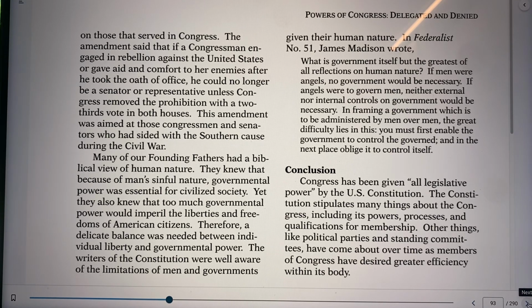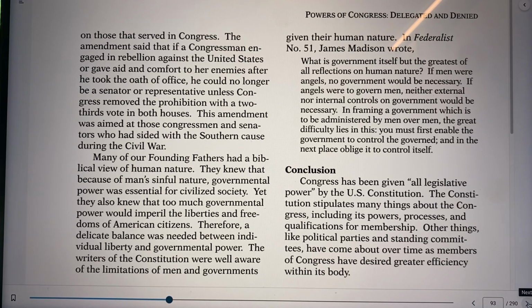The South withdrew in the midst of the divided country, and the states were seceding from the Union, so there were enemies in the midst that had been involved in Congress, and so the congressmen that were engaged in rebellion against the United States gave aid and comfort to the enemies. The South was the enemy at that time.